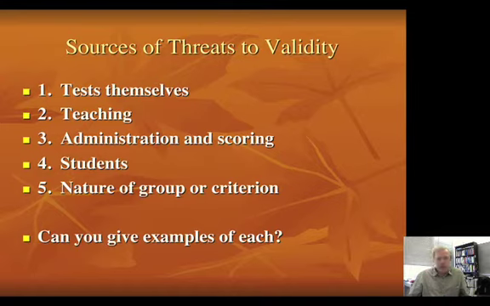Teaching is a threat in that if we are teaching to a test, then we are undermining the actual test. What we want is for students to generalize knowledge, not to be able to perform a specific task on a specific test. Administration and scoring is really a reliability issue, but poor reliability also means poor validity.